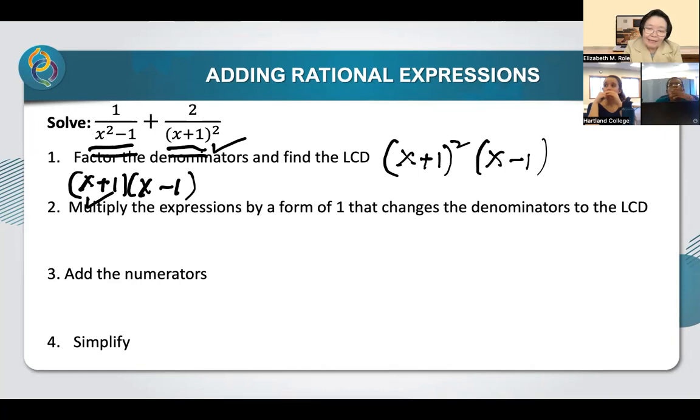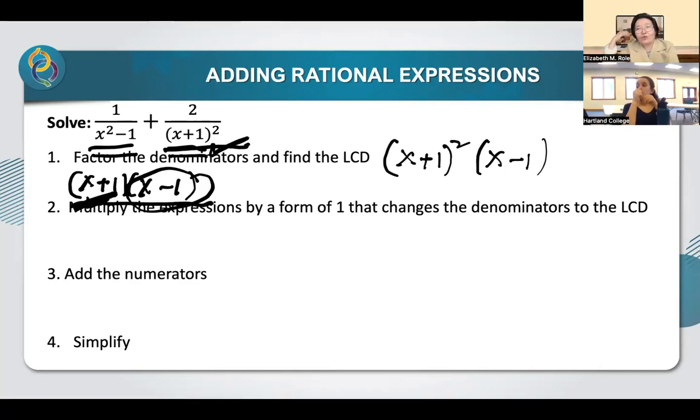So your LCD will be this, which has x plus 1 in common, and the other factor that will make it the least common denominator. Least common denominator means the expression that can be divided by both. All right? So x plus 1 squared times x minus 1 can be divided by x plus 1 times x minus 1. It can also be divided by x plus 1 squared. So that's your LCD, x plus 1 squared times x minus 1.